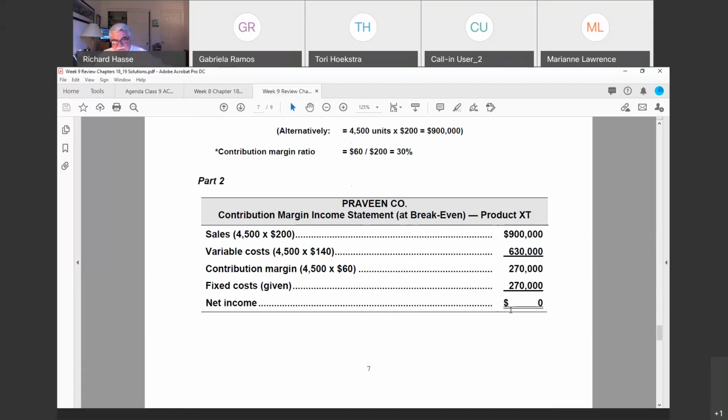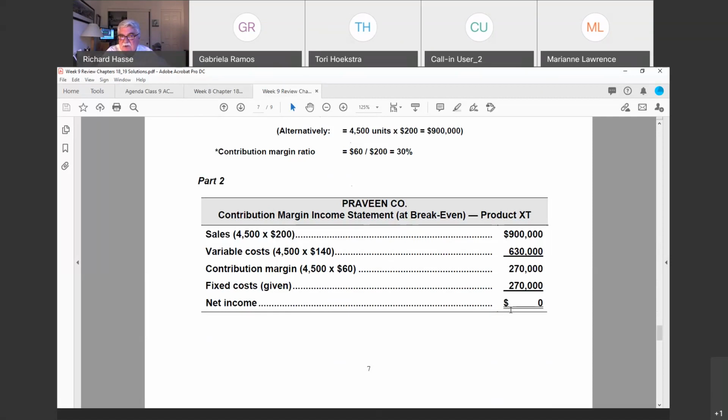It's the sales that is needed to break even, the dollars that are needed to break even, and transferring those into variable total cost and fixed costs, we can show, oh yeah, if we sell $900,000, we're going to make absolutely nothing. But if we sell 4,501 units, we're going to make $60.